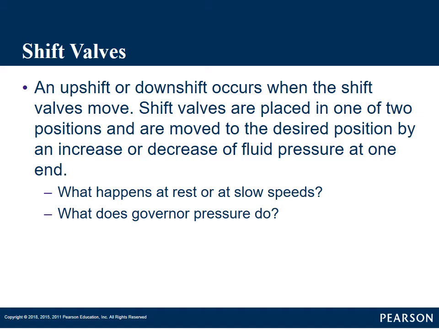So governor pressure has to increase, so speed has to get up to a certain point to be able to push that valve against the throttle pressure. Okay, the harder you're accelerating, the more governor pressure it takes to overcome that throttle pressure.